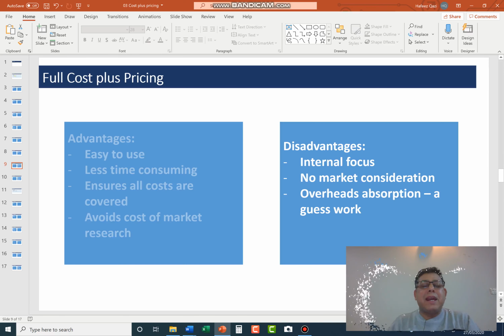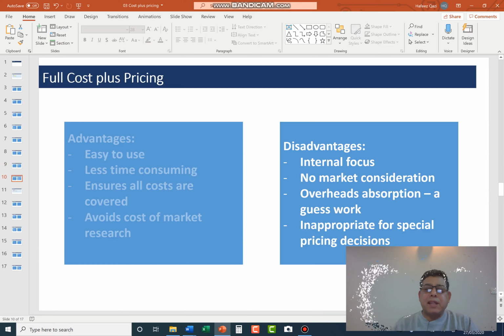Another problem in cost plus pricing is that when we include the overhead costs in the product, there is a huge guesswork and there are differences of opinion. The majority of business firms or organizations use the absorption or traditional method of absorbing overheads into the products, and that absorption is hugely a guesswork, based either upon the labor hours or machine hours or any other basis we discussed in different sessions.